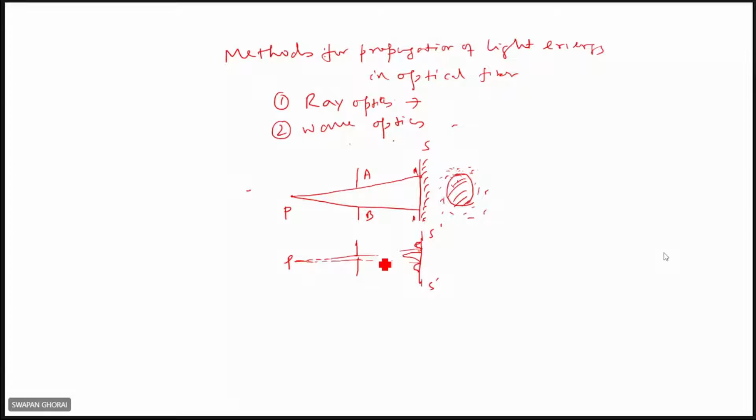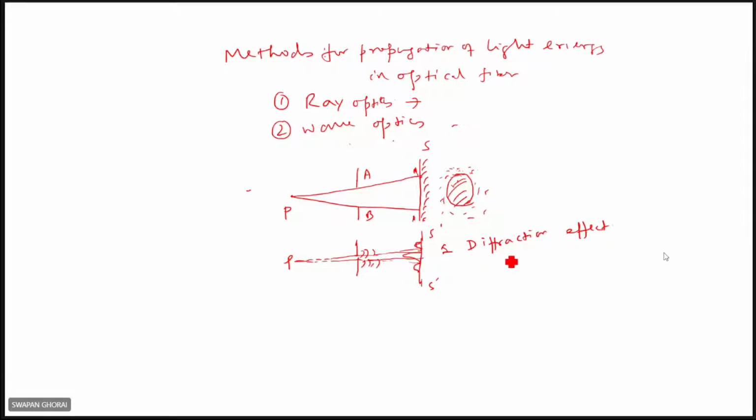But in this case, beyond this ray you will get some light. That is because of the interference of secondary wavelets. So this phenomenon is called diffraction, isn't it? You'll get the diffraction effect.